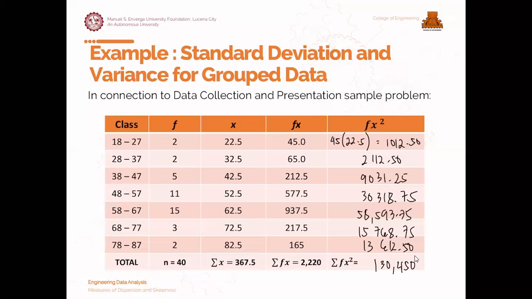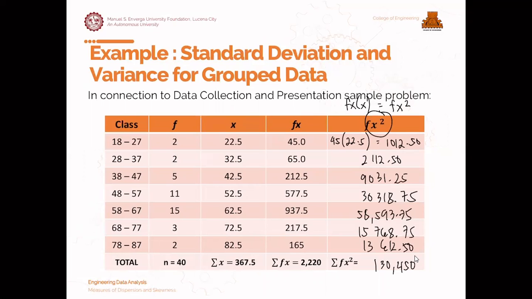Sir, fx squared, hindi na po i-x squared? Okay, so dito, di ba sabi ko multiply lang itong to tsaka ito. So, ibig sabihin, fx times x, equals yan sa fx squared. Kaya pinag-multiply ko na lang yung dalawang table na yan.